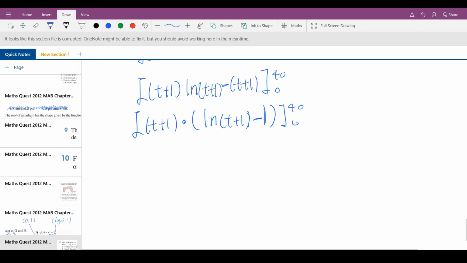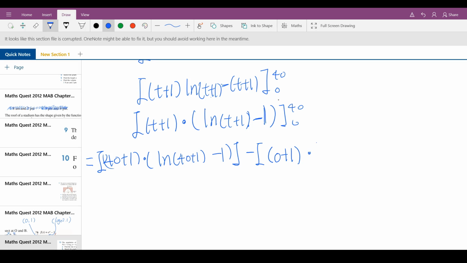Okay. All right, finally we can sub the numbers in. 40 plus 1 multiplied by ln(40 plus 1) minus 1, minus, 0 plus 1 multiplied by ln(0 plus 1) minus 1.